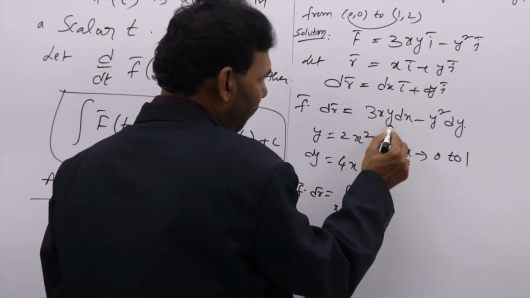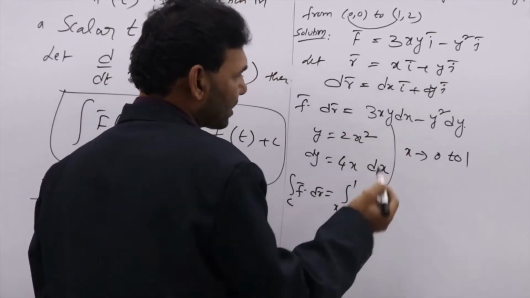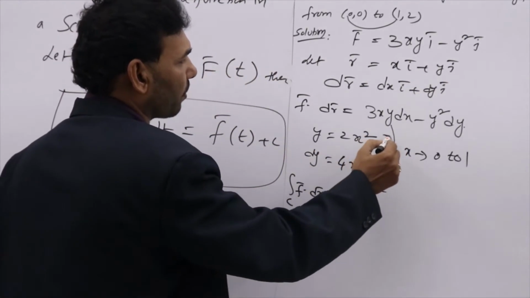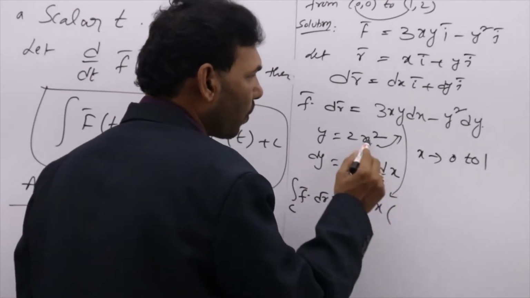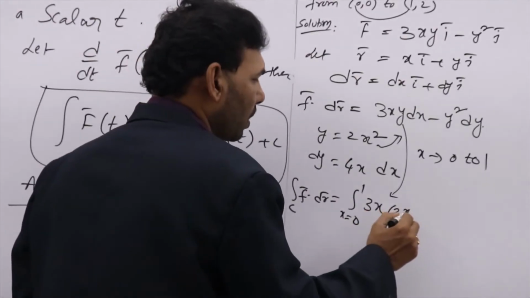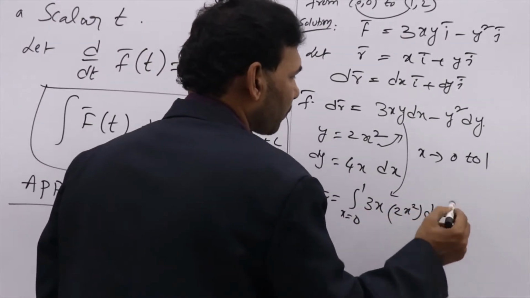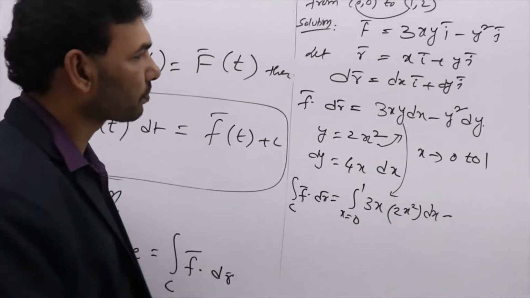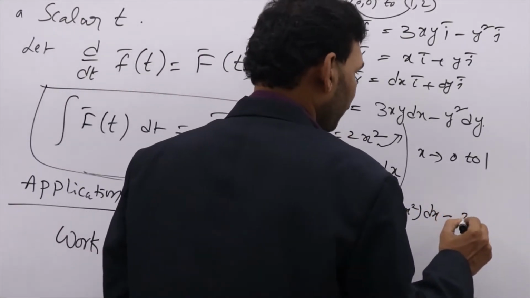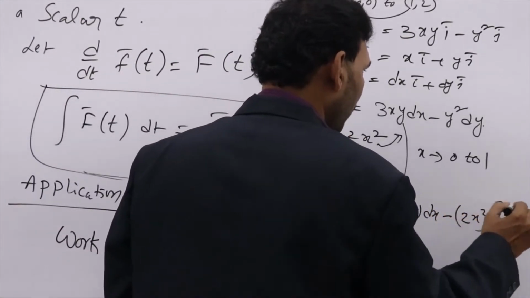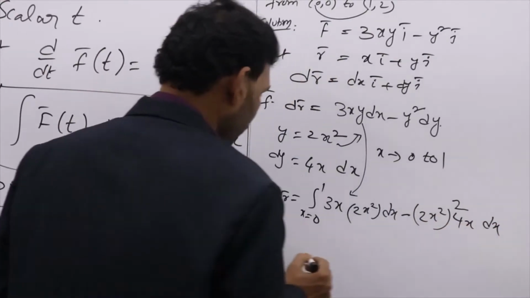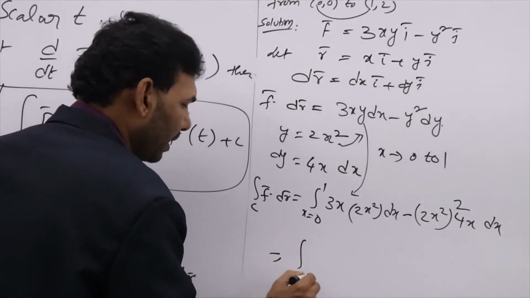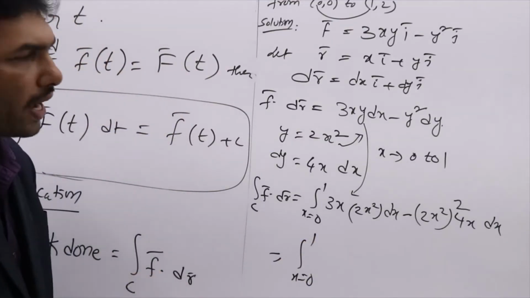In f bar dot dr bar, I am going to substitute y as 2x square. 3x, what is y? 2x square dx. What is y again? y is 2x square whole square. What is dy? 4x dx.